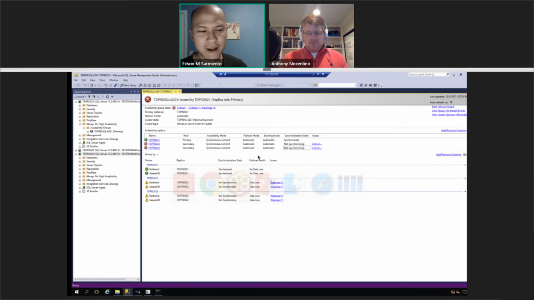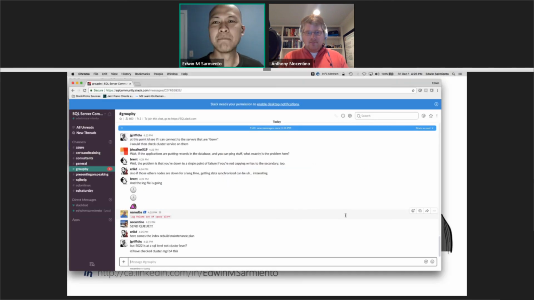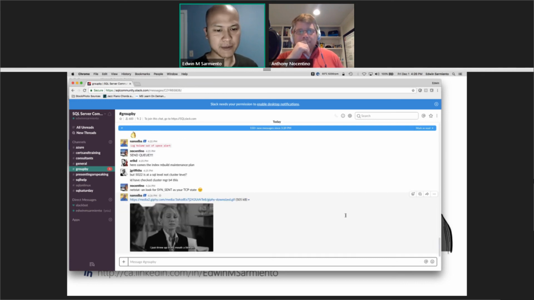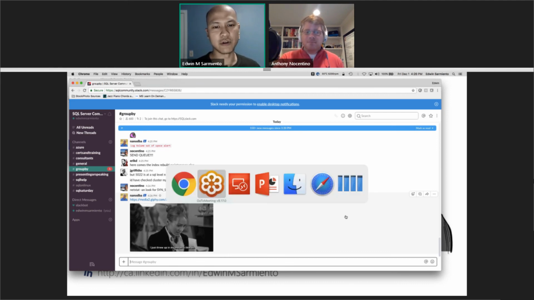And that's one of the reasons why I started off by saying, is the cluster available? If the cluster is available, in that case, I would start off with ping and telnet and see if I can log into those machines using either remote desktop or SQL Server Management Studio or anything that I would use to verify if the cluster is online.